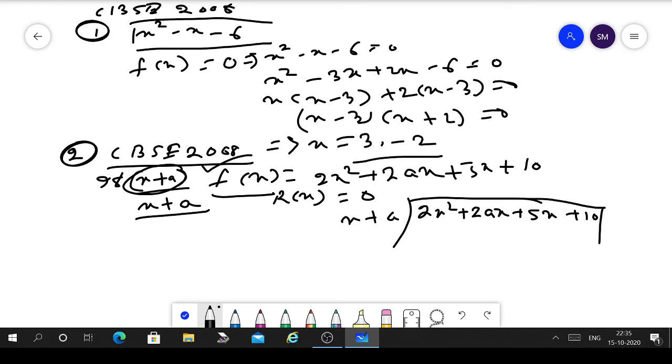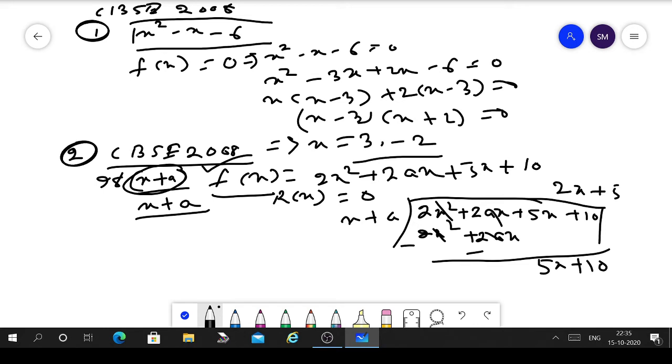Then put 2x, this is 2x square plus 2ax. Then look at here, we get 5x plus 10. Then put plus 5. Then this is 5x plus 5a.